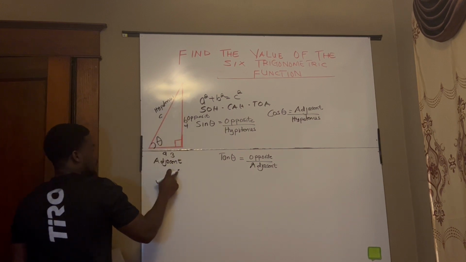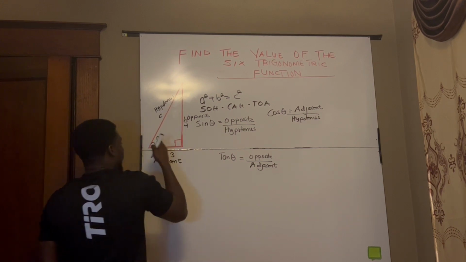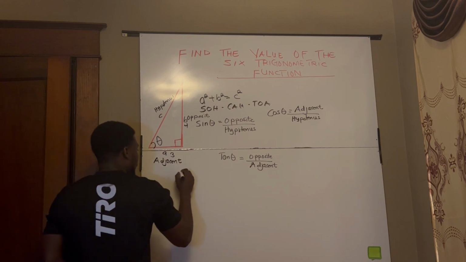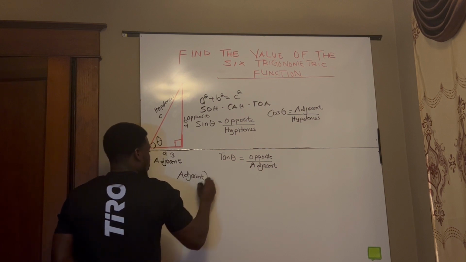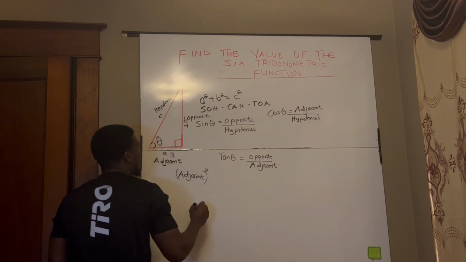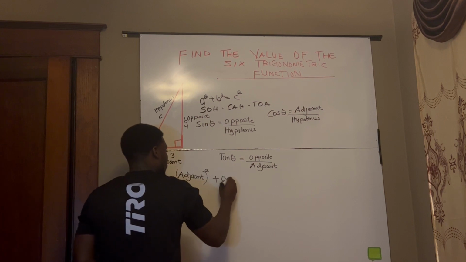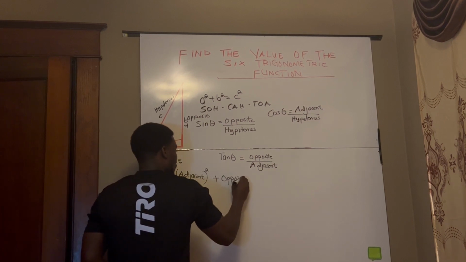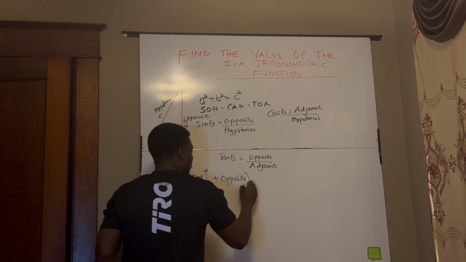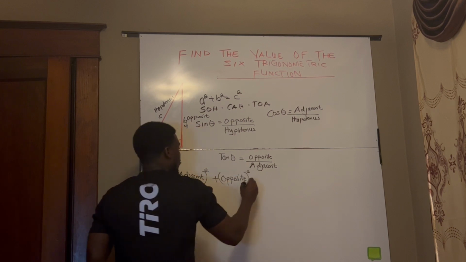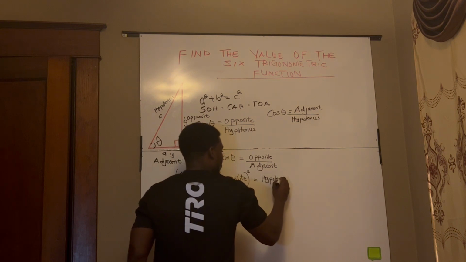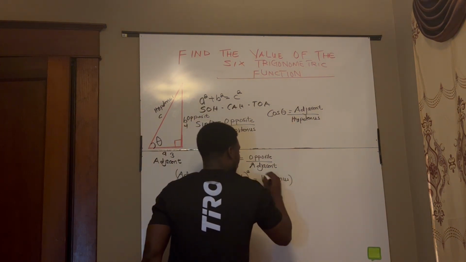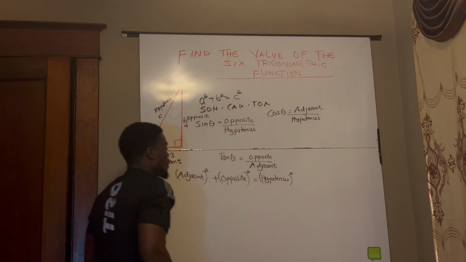So we take adjacent squared plus opposite squared is equal to hypotenuse squared.